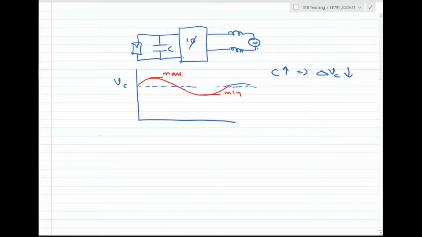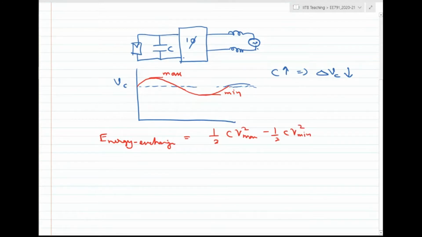And therefore, if you see what is the energy that this capacitor is negotiating or exchanging with the grid, the energy that it is exchanging is nothing but half C Vmax square minus half C Vmin square.